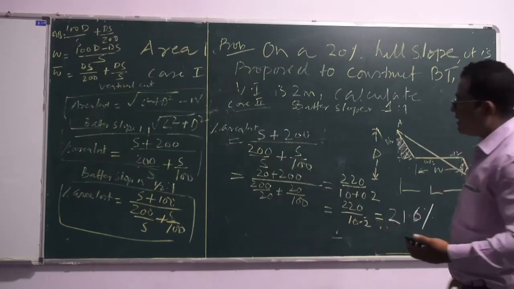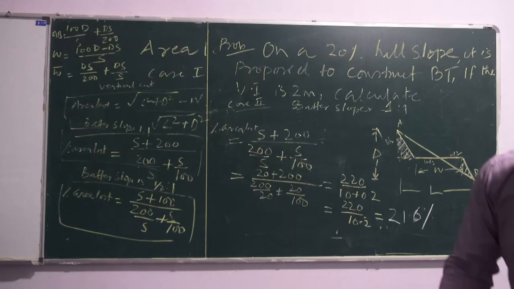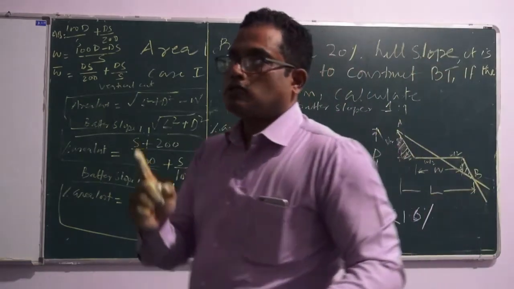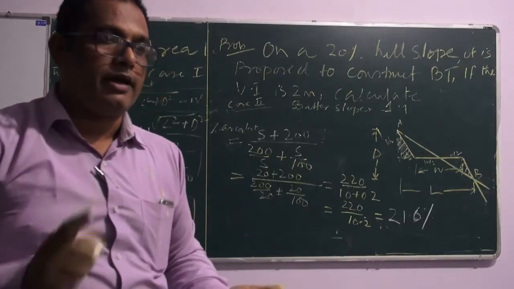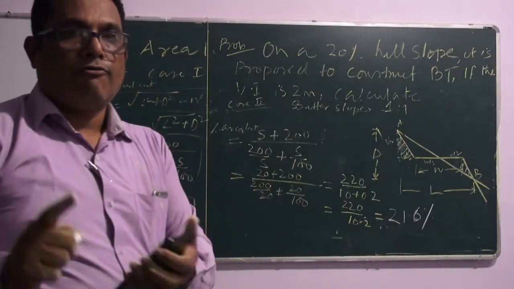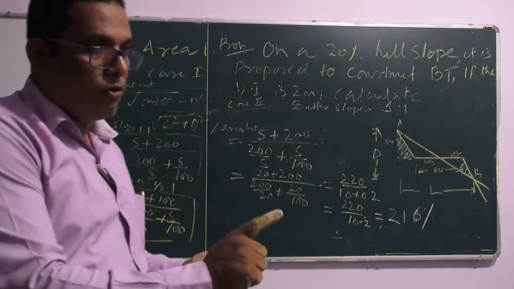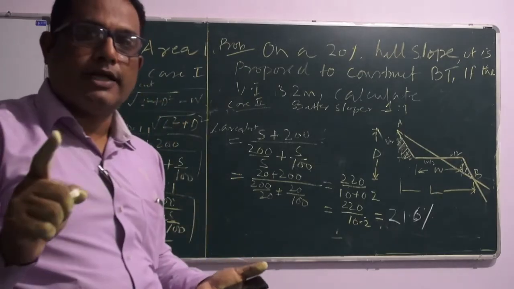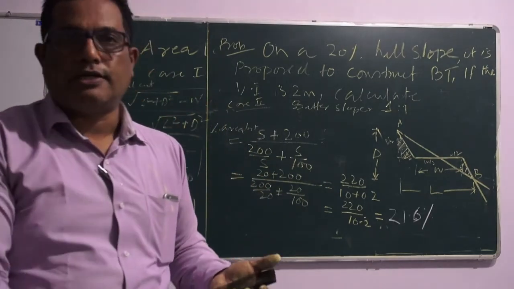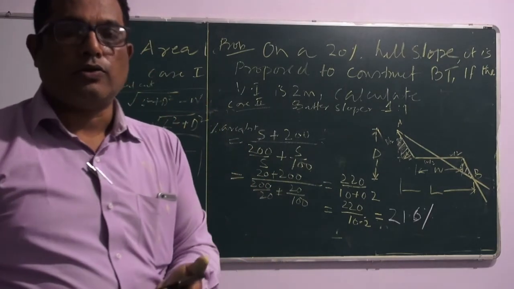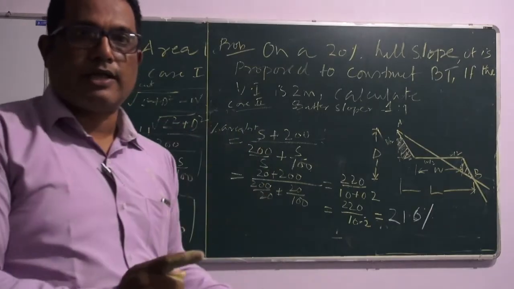So when the batter slope is 1:1, 21.6% of the area is lost for the construction of bench terraces. If the batter slope is vertical, we did not calculate, but it will come out to 2 or 3% of the total area lost. So one has to always weigh the advantages as well as the disadvantages.